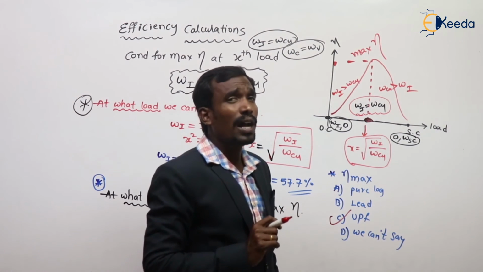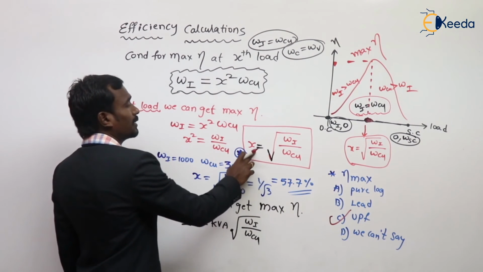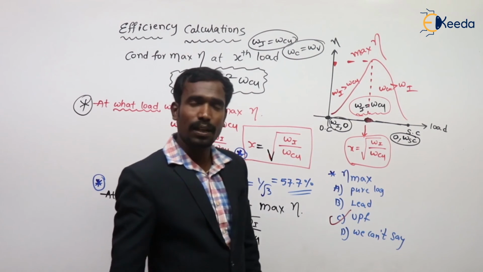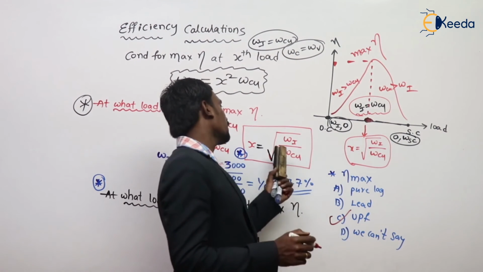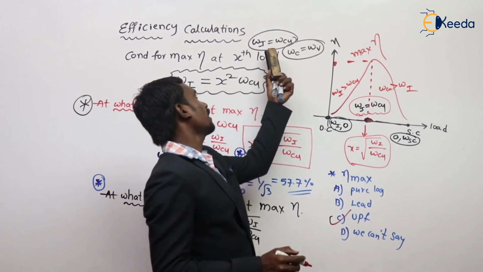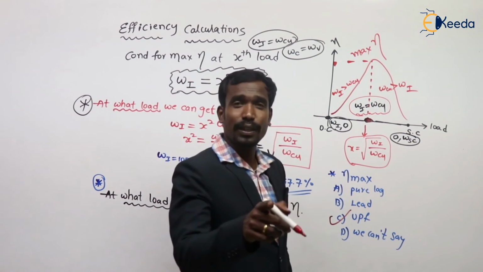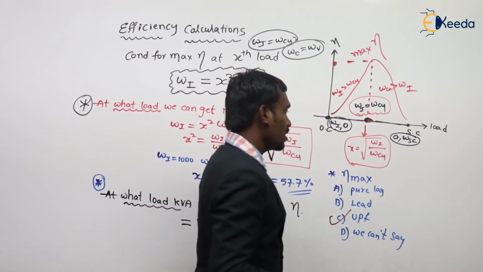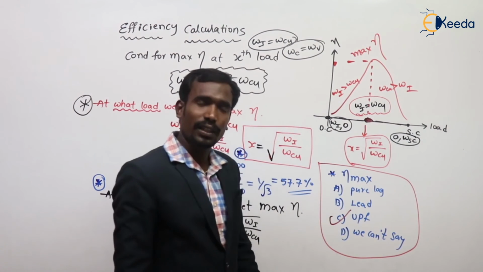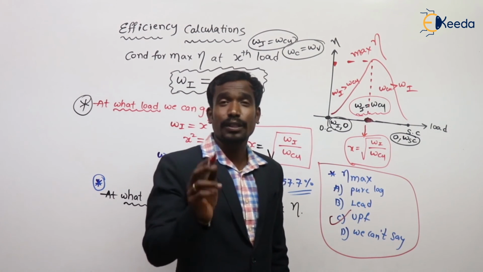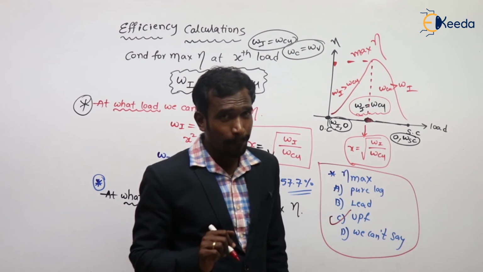If they ask for the magnitude of load to get the maximum efficiency, you have to calculate x equal to square root of iron losses by copper losses. So simply, two conditions. Condition for maximum efficiency: copper losses equal iron losses, and it should work at unity power factor. So maximum efficiency occurs at unity power factor for your transformer. Right? Is it okay?